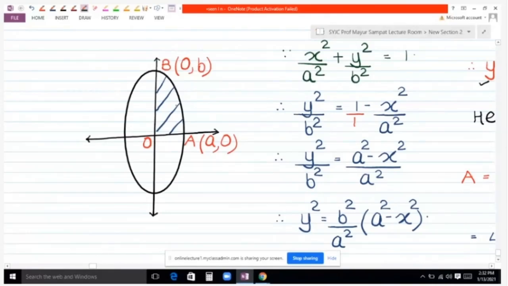After finding the area of one part, we will multiply it by 4. Have you all done it? Is the diagram done for everyone?